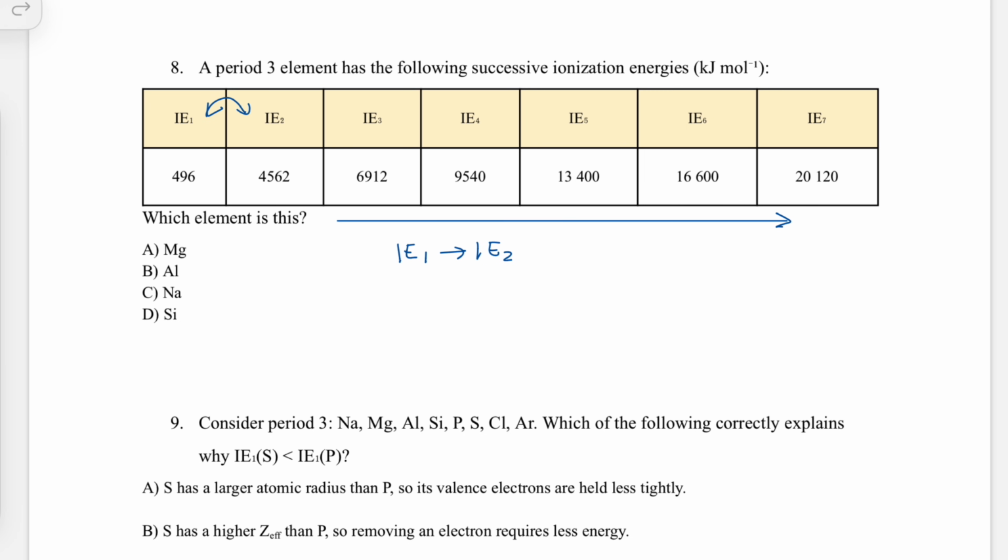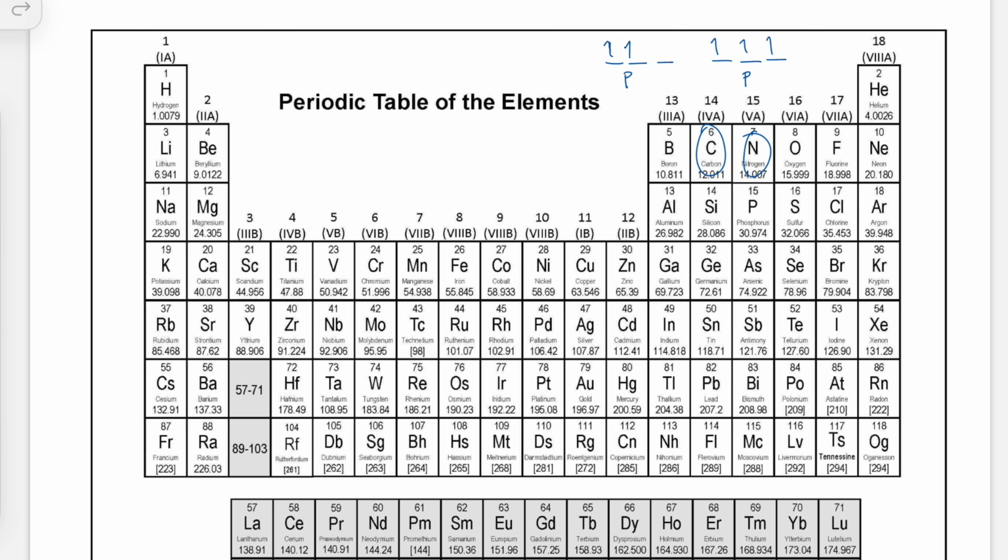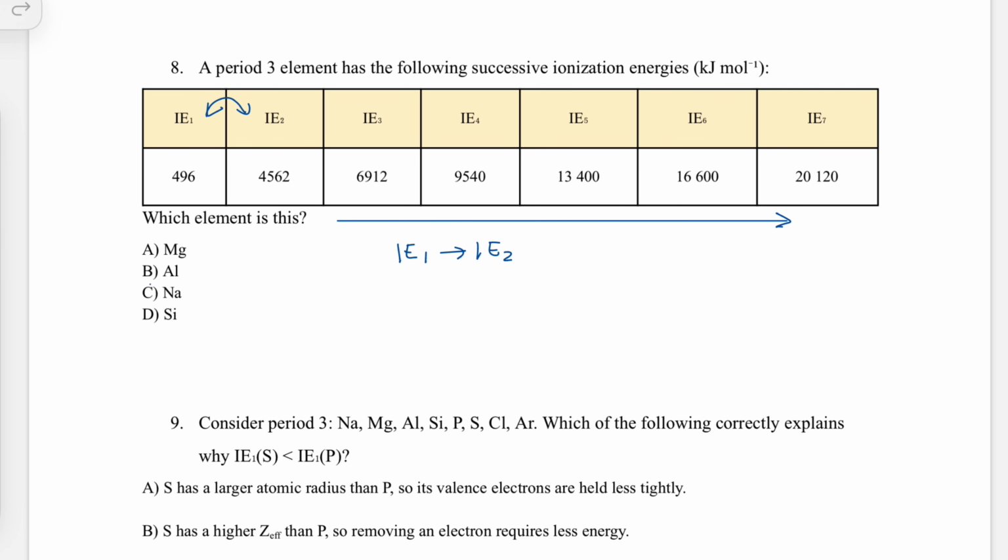This means that the second ionization energy is the one where it's at the noble gas, and it's a period 3 element. So that means the noble gas is neon again. So if neon is the second one, then the first one is sodium. So it loses one easily, and then the second one is really high because it's at neon, which is the noble gas. So it's sodium.